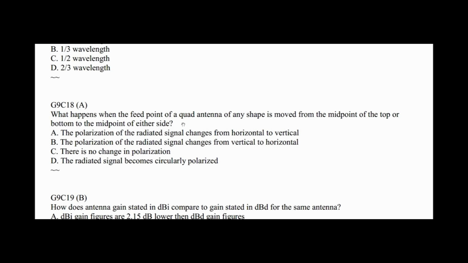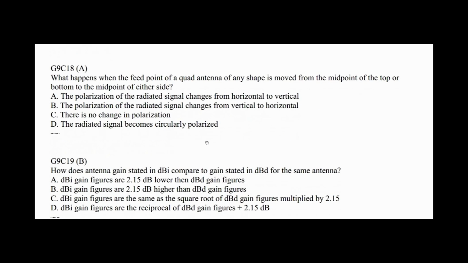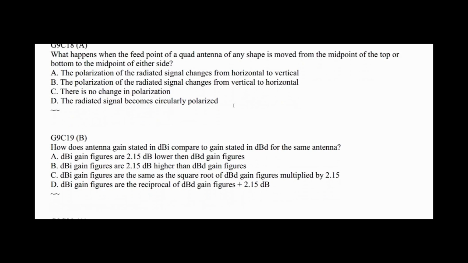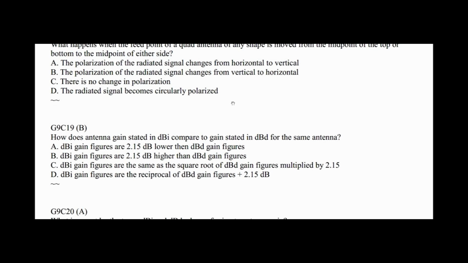So if you feed it in the bottom leg of that quad, it's horizontal. If you feed it on the vertical side, it's going to be vertically polarized. And that's our answer A. The polarization of the radiated signal changes from horizontal to vertical.